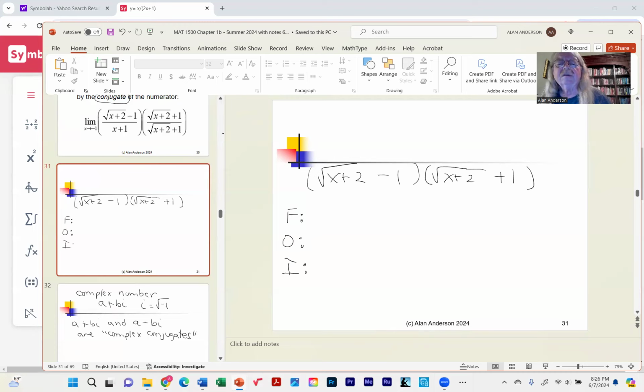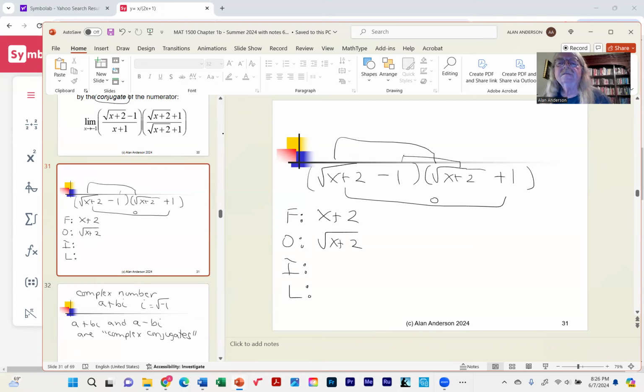Everybody remembers FOIL. First, when you multiply these two together, you're going to wind up with x plus 2. The outer is here. The inner is here. And then last is here.